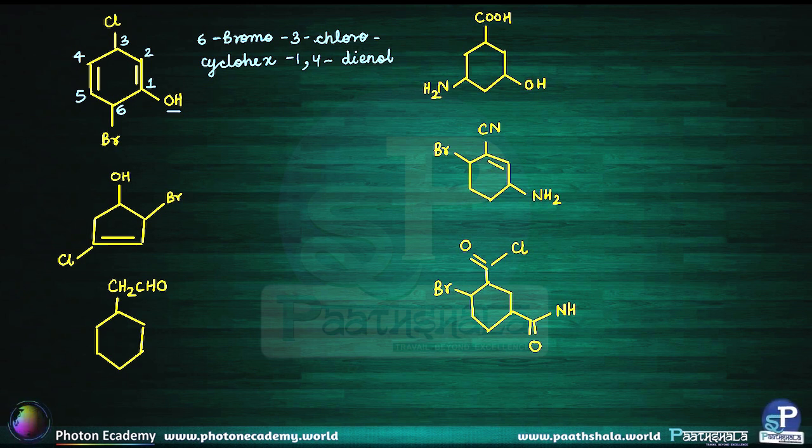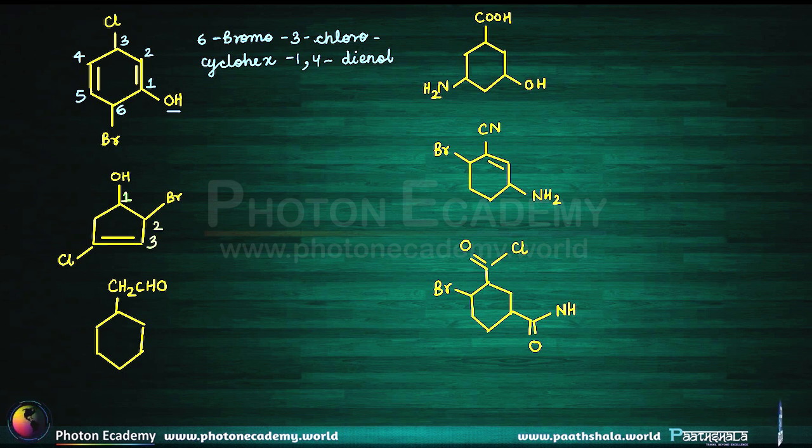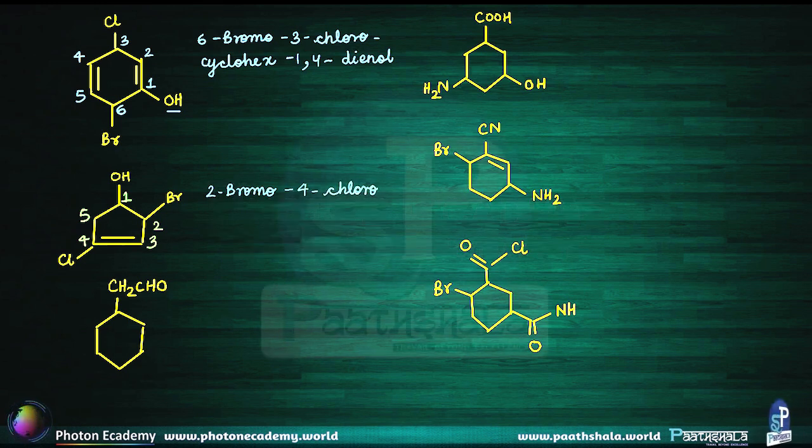Then we have the next one, and here we start the numbering from the OH. So 1, then 2, 3, 4, and 5. The name of this compound now becomes 2-bromo-4-chlorocyclopent-3-enol. The name of this compound is this.